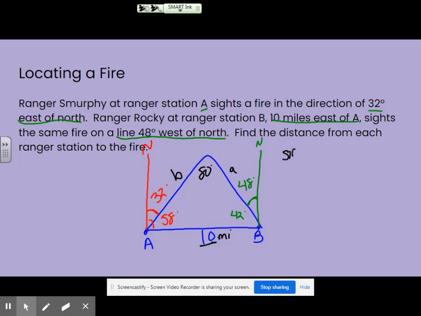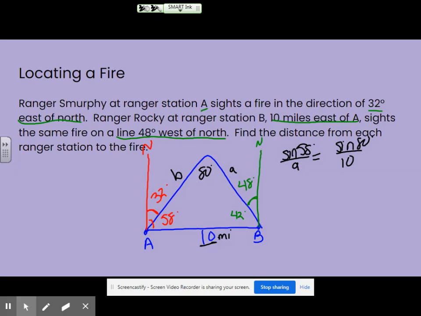So I'll take the sine of our A angle, 58 degrees, over our A side length, and set that equal to what I do know, our C. I will say the sine of 80 degrees over our 10 miles in between.